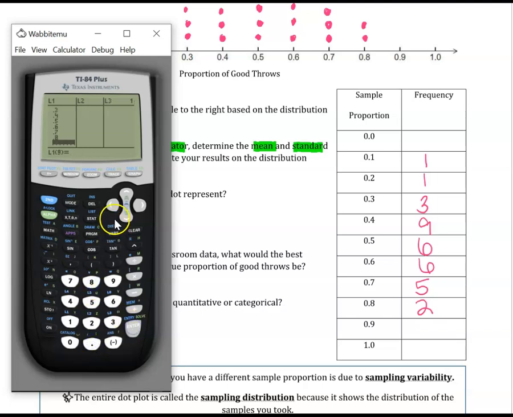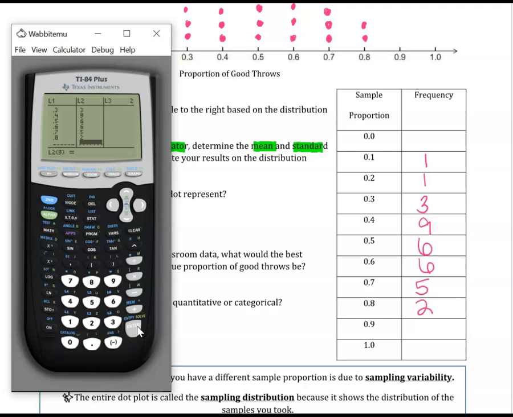Let me just double check that. 8, 7, 6, 5, 4, 3, 2, 1. Okay, great. So now, based on my data, my frequencies were 1, 1, 3, 9, 6, 6, 5, 2.